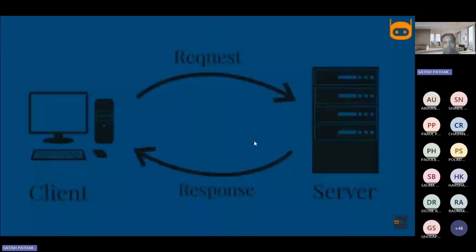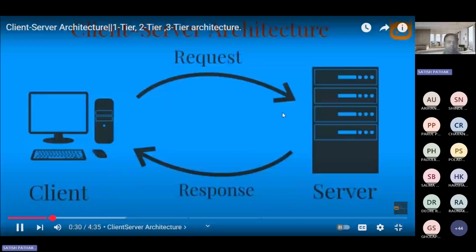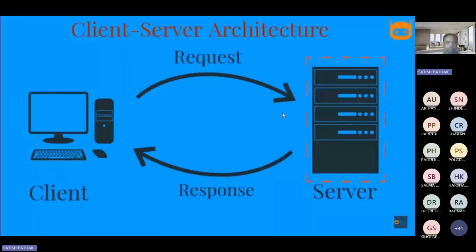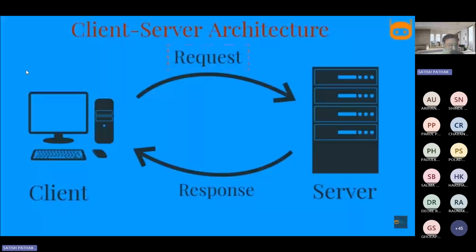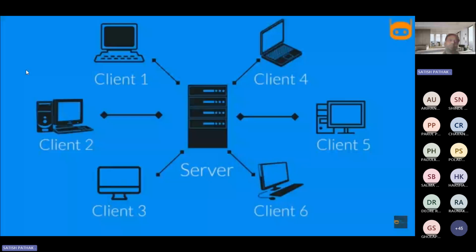Client-server architecture is a distributed application structure that partitions tasks or workloads between the providers of a resource or service, called servers, and service requesters, called clients. In client-server architecture, the client requests a resource and the server provides that resource. A server may serve multiple clients at the same time while a client is in contact with only one server.